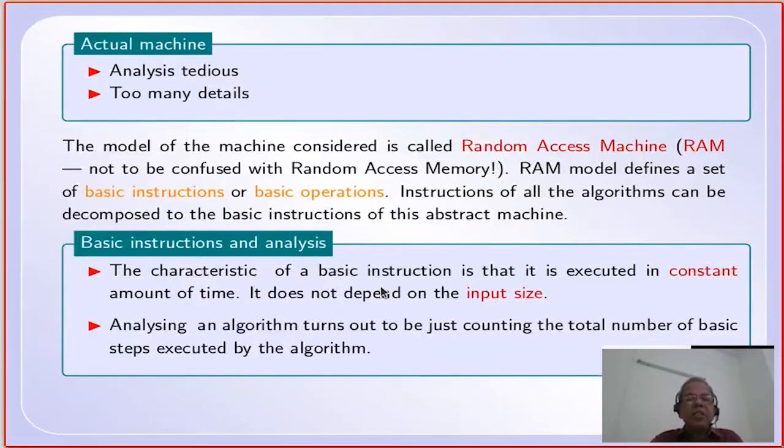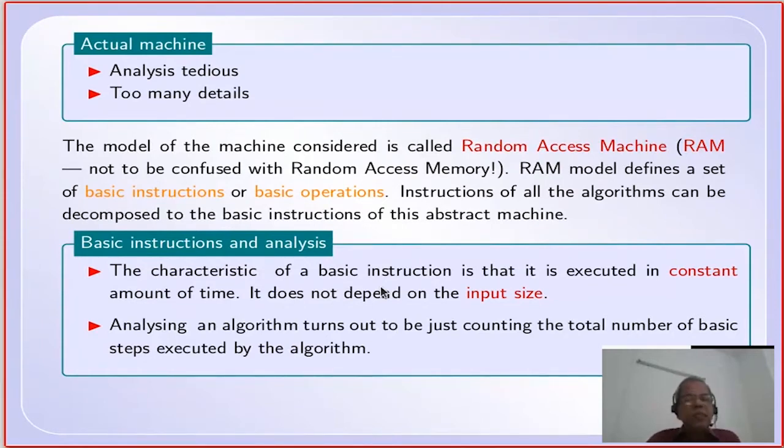Very important. It does not depend upon the input size. Any instruction, any operation that can be done in constant amount of time, I call that a basic instruction or a basic operation. Example, all arithmetic instructions such as add, subtract, multiply, divide are basic instructions because regardless of the two numbers that we multiply, it takes the same amount of time.